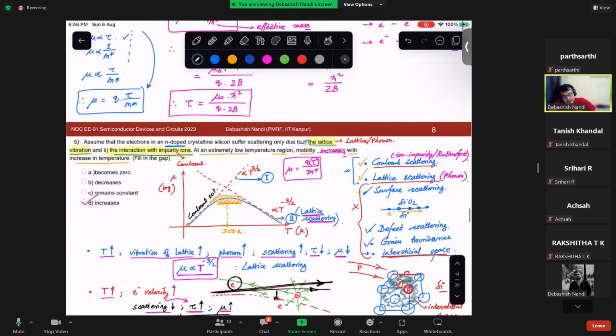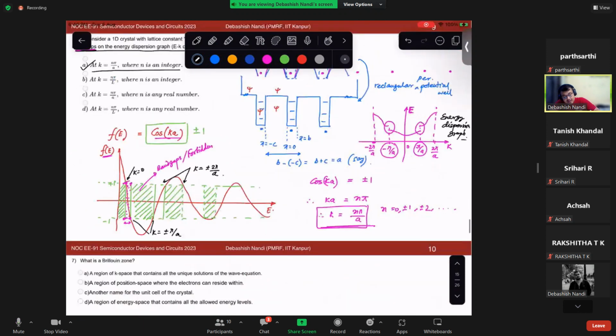So the graph between E and K is called the energy dispersion graph. Okay. So this is also called expanded zone representation. So at these locations of K, you will see the band gaps.